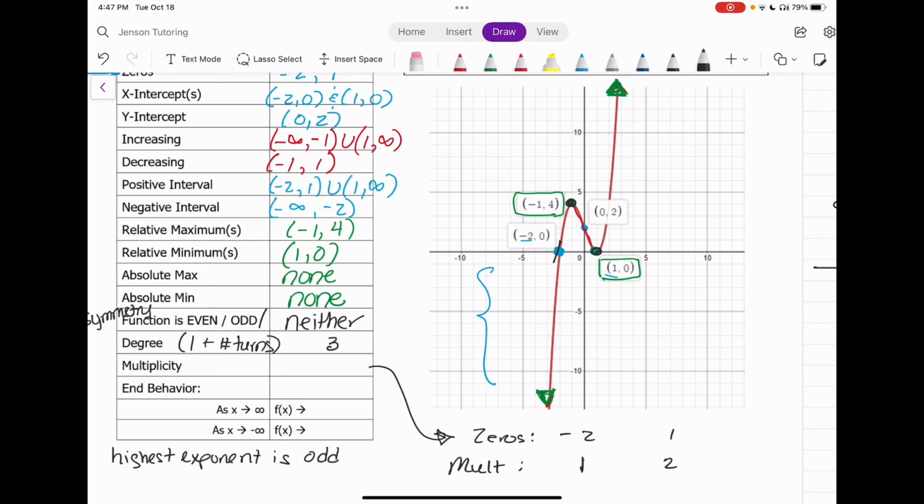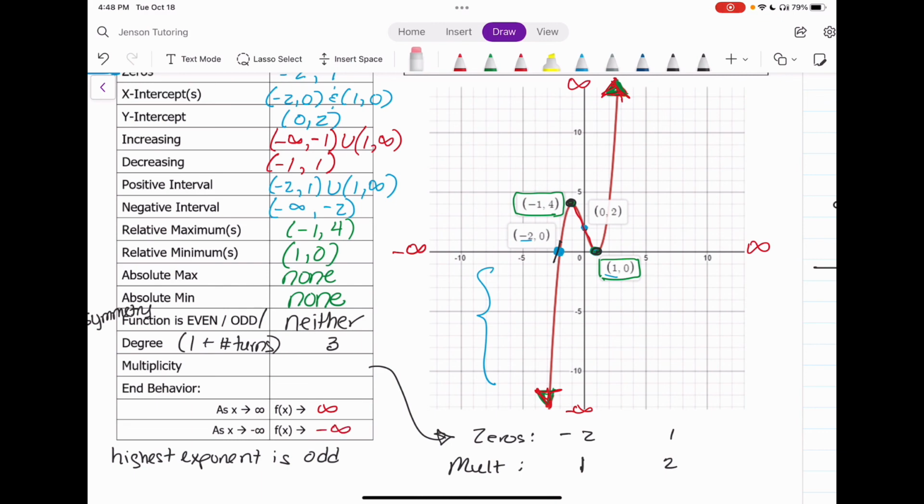And then the end behavior, so as x goes to positive infinity, over here, y is also going toward positive infinity, up here. And as x goes toward negative infinity, y is going toward negative infinity.